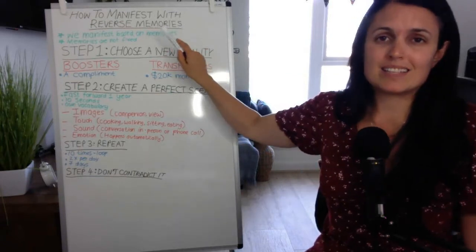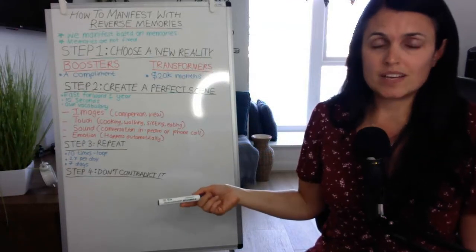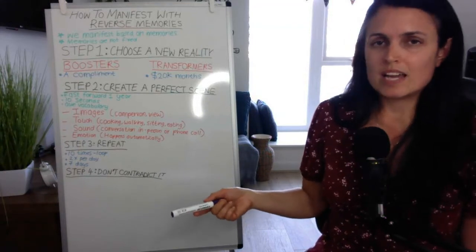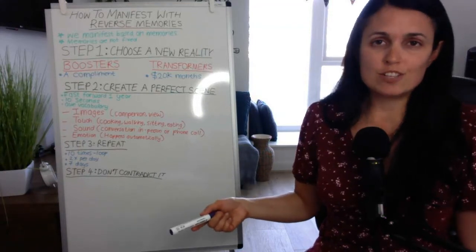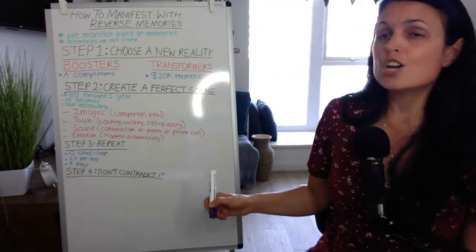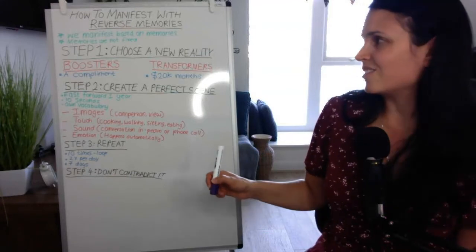That means that this is fixed in my memory and therefore my beliefs are fixed. But that's not actually true. Your memories can be very unreliable and therefore you can change your memories and you can change your beliefs at any time.